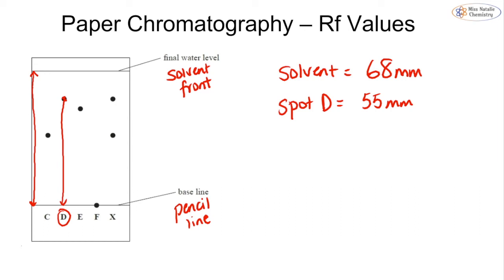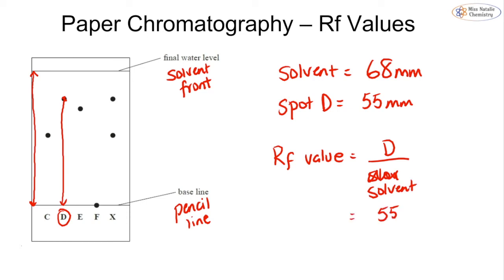So then to work out the RF value, I do the distance of D divided by the solvent, which gives me 55 over 68, and gives me an answer of 0.81. No units required, and our number is less than 1, so it's highly likely that this would give us a correct answer.